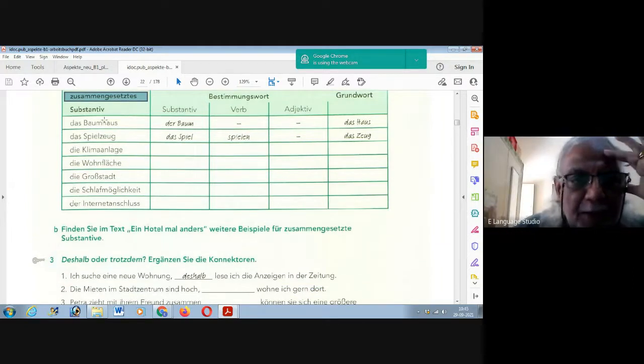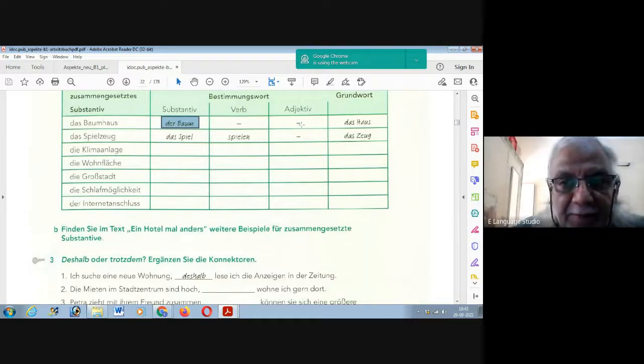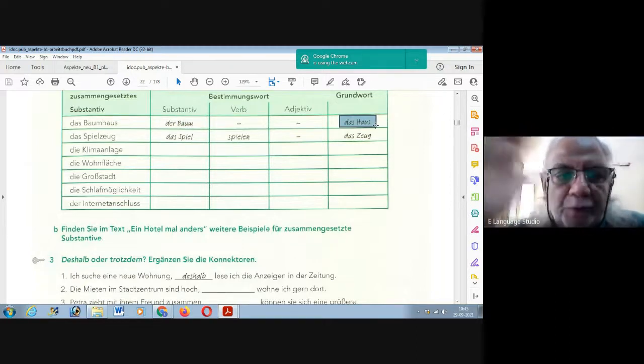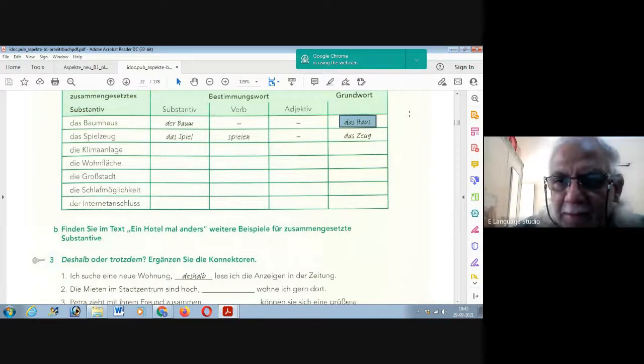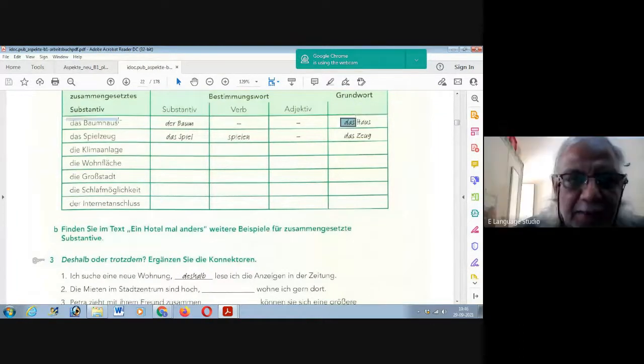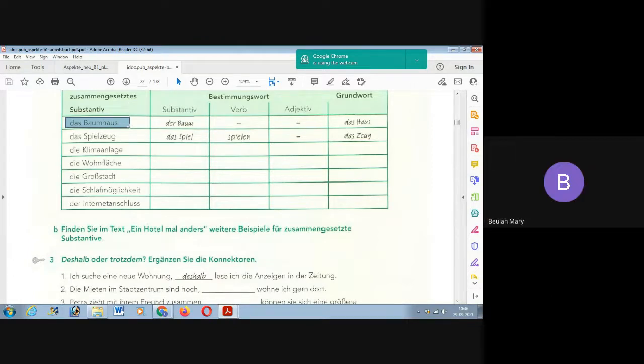So, das Baumhaus, der Baum. Treehouse. Ja. So, Verb gibt es nicht, Adjective gibt es nicht, and the defining word is house. So, Baum plus house, Baumhaus, the article of house is given to this entire noun. The last noun or the word at the end.